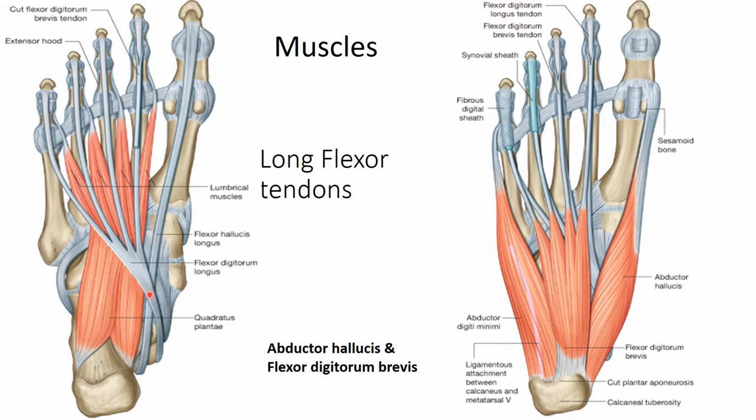And as it crosses in the plantar chiasm to the tendon of the flexor digitorum longus, it gives two strong slips to the medial two digits.